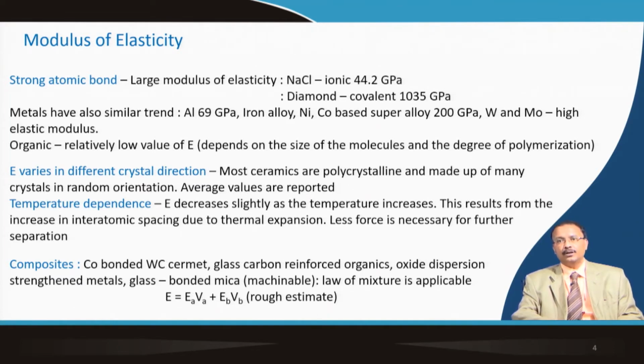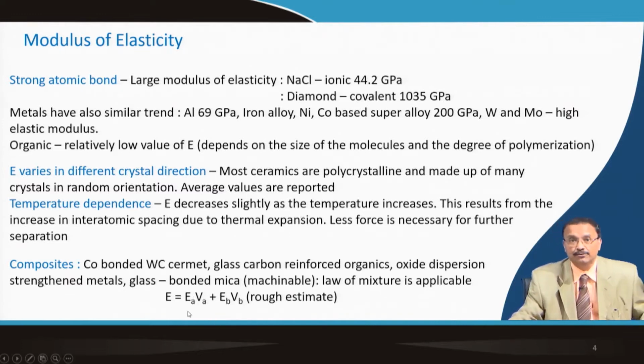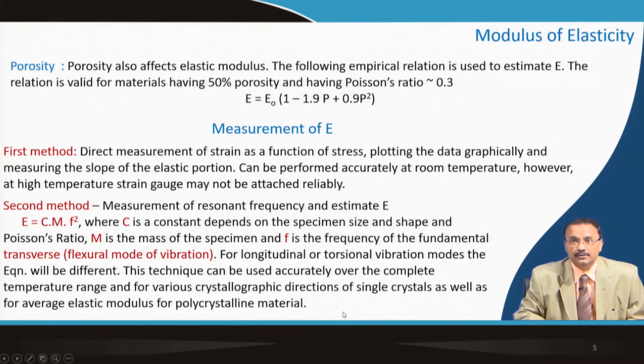If you know the individual component elastic moduli and respective volume fractions, then you get a rough estimate of the elastic modulus of the composite using this rule of mixture.